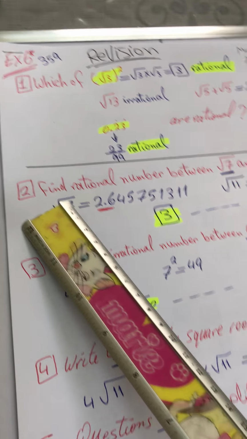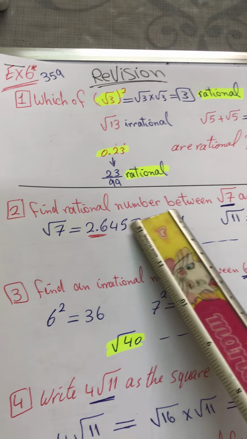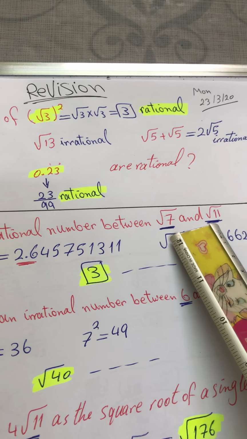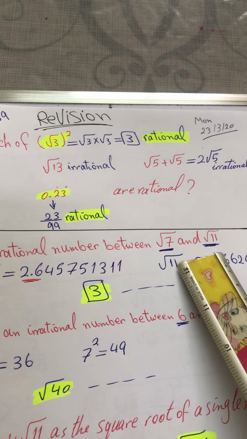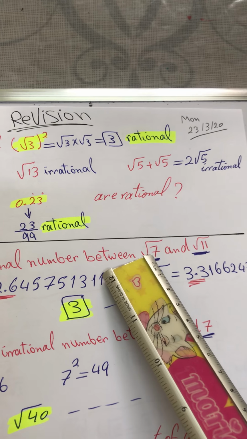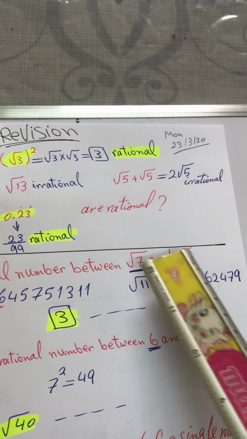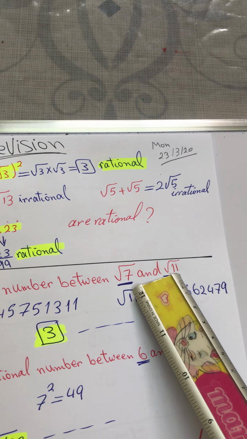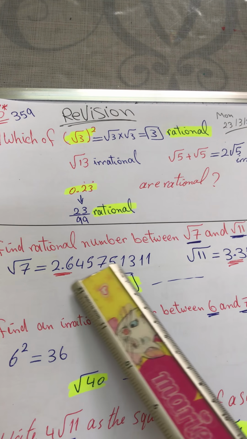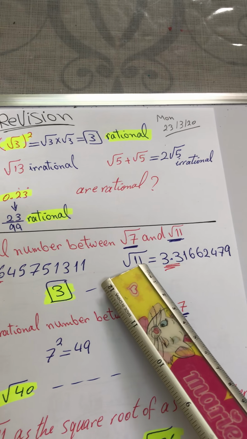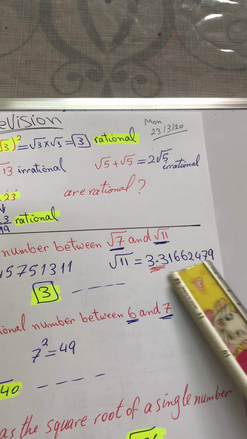In question number 2, find a rational number between square root of 7 and square root of 11. What I said to you in this lesson, I said, use your calculator, find the value of square root of 7, find the value of square root of 11, like this. This is the square root of 7, 2.6 and so on. Okay, square root of 11, 3.3 and so on.